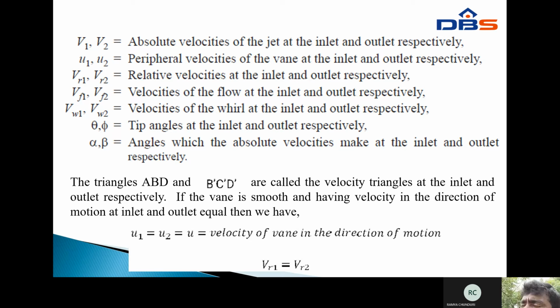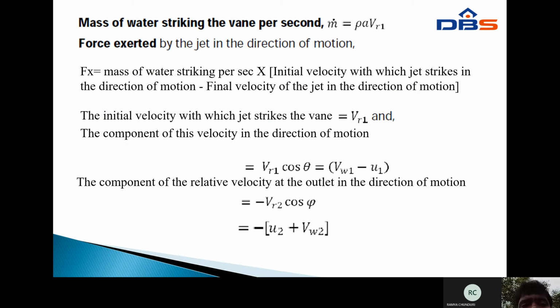If the vane is smooth, meaning there are no frictional forces, the velocity of the vane in the direction of motion is equal at inlet and outlet, u1 equal to u2 equal to u. Therefore Vr1 equal to Vr2.